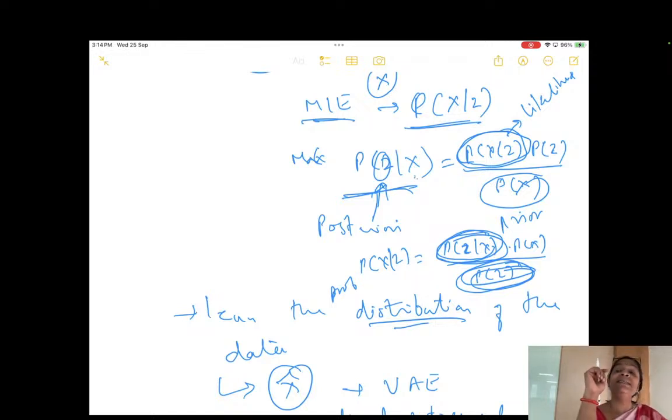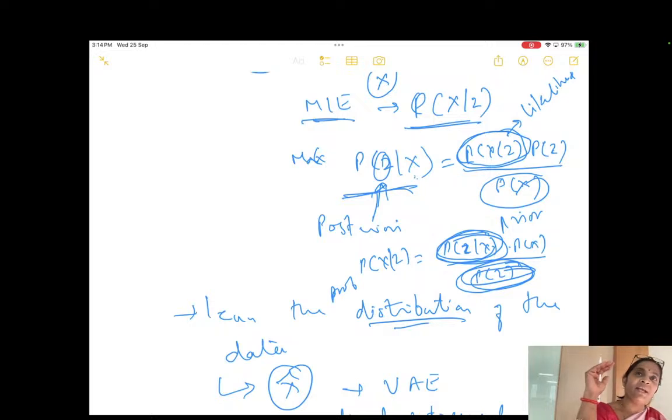It's not always easy to compute P of Z. P of Z is always hard to compute. It's the prior information of the data, from where it is coming from. We don't know all the variations present, and because of that it is harder to compute P of Z.